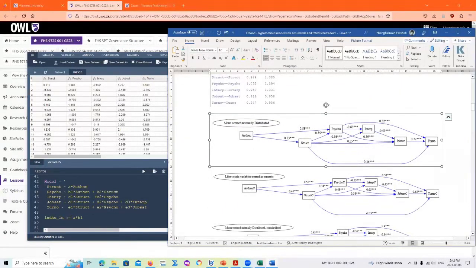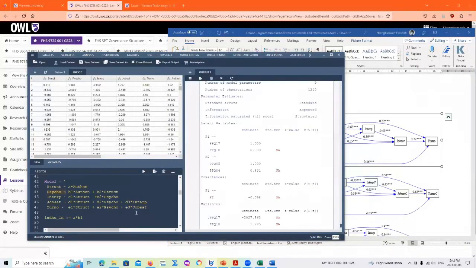So if you want me to put a parameter, then I have to put that cycle. If you want me to put that now and then do it, then I will put here cycle equals, let's say, C times authentic. So that will be the direct effect that I'm doing.